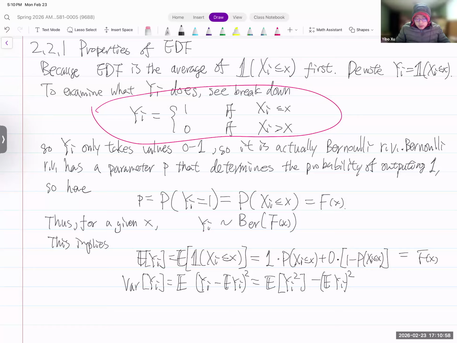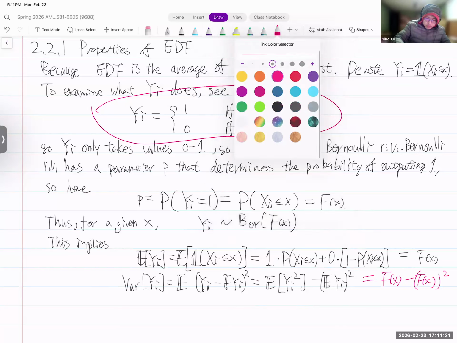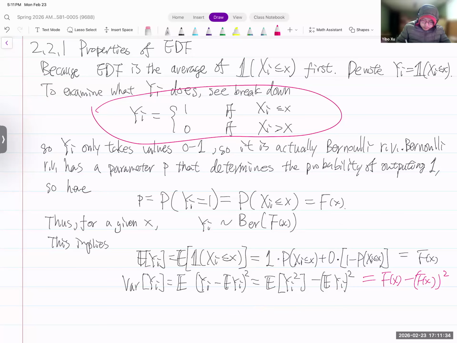When Yi is a binary output, Yi squared is the same as Yi: whenever Yi is 1, Yi squared is also 1, and when Yi is 0, Yi squared is also 0. So that is the same as my expectation from above. So this equals F of x minus F of x squared. These two have the same values.